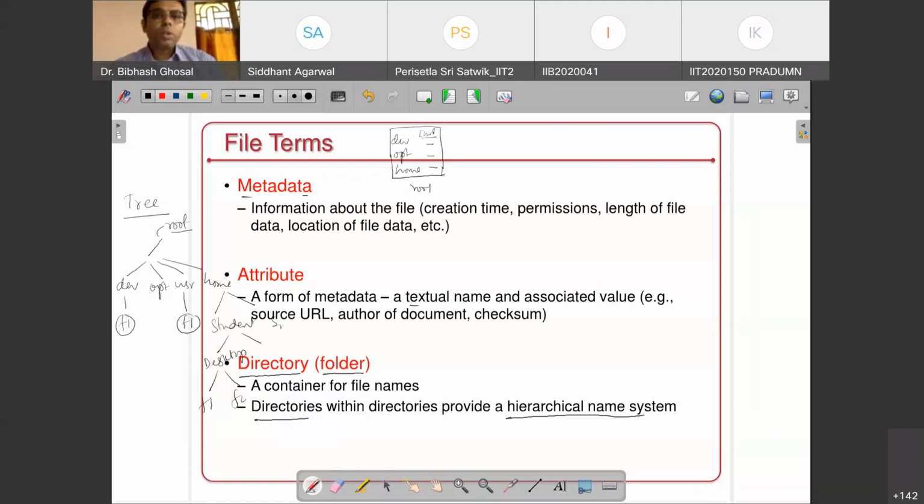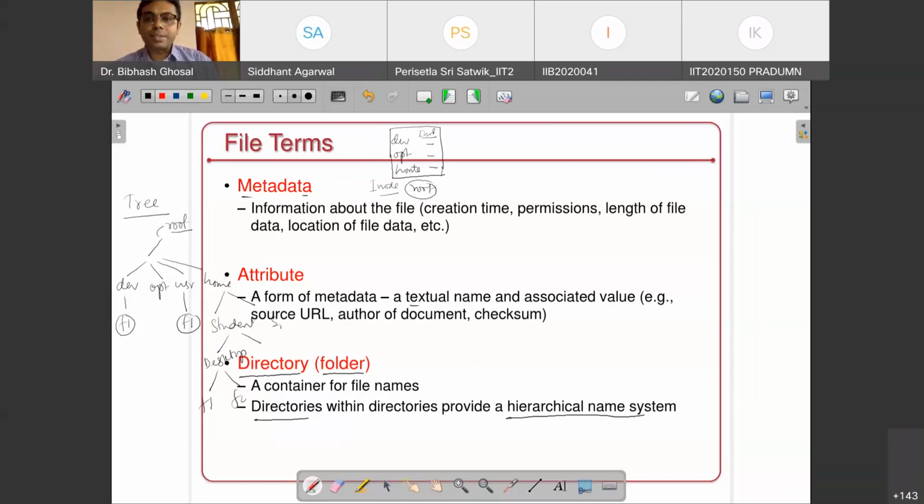This is root. Now they are directories. There is a distinguishing feature between whether it is a directory or a file. So by just scanning them, you will be able to know whether it is a directory or a file. Okay, fine. What I have written here is the inode of root.